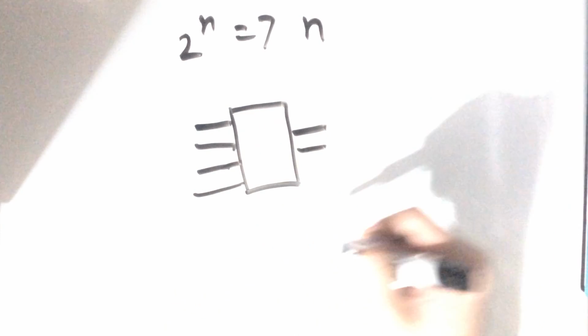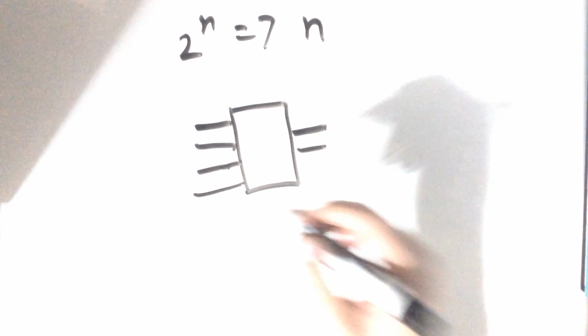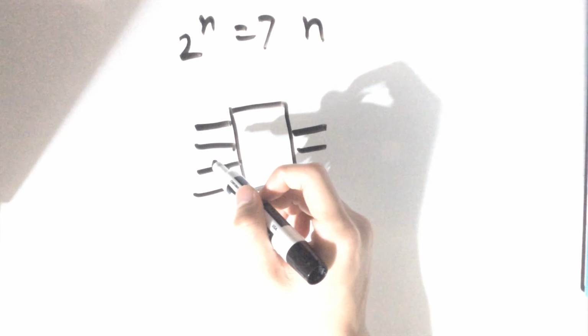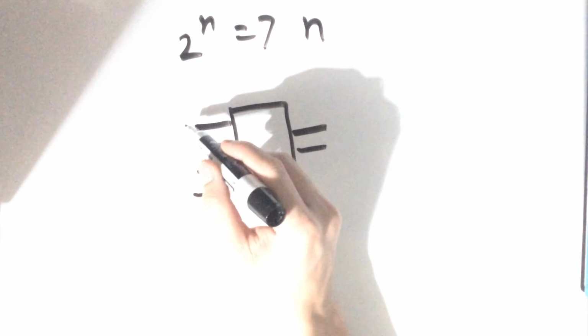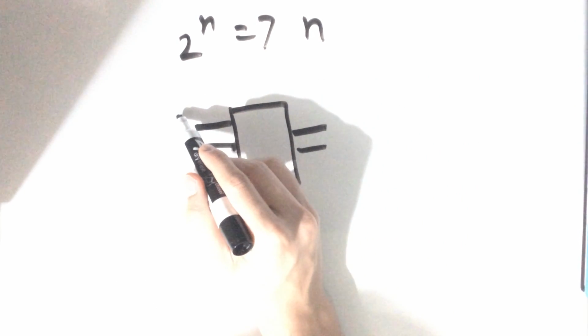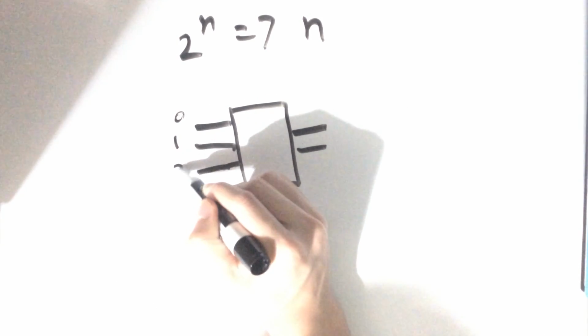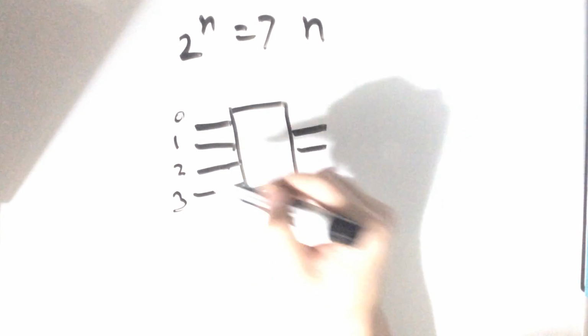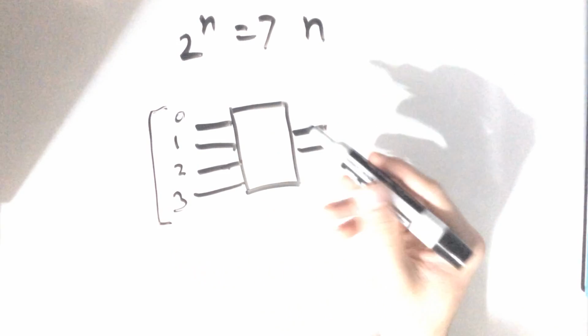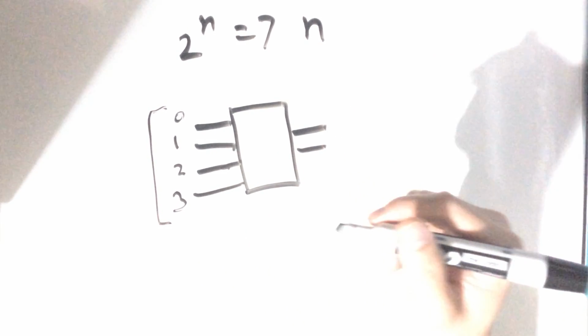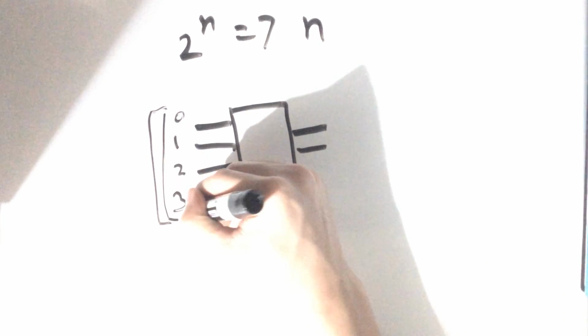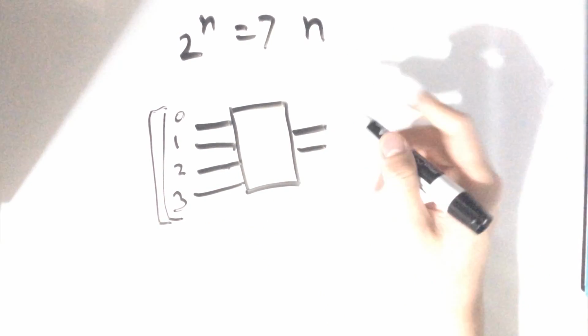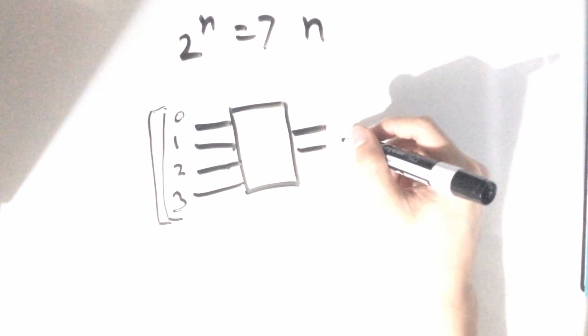What an encoder is typically used for is simply this. We are going to encode a decimal number right here into its binary representation.